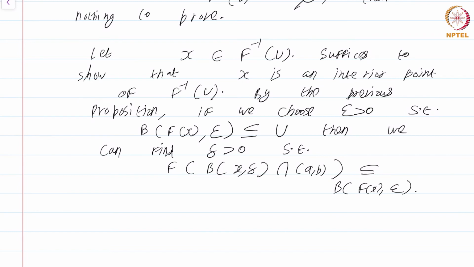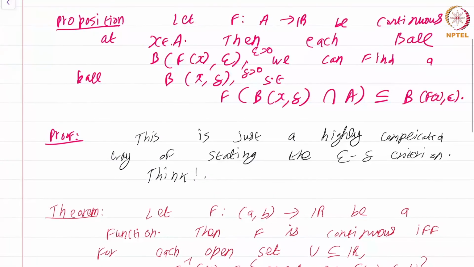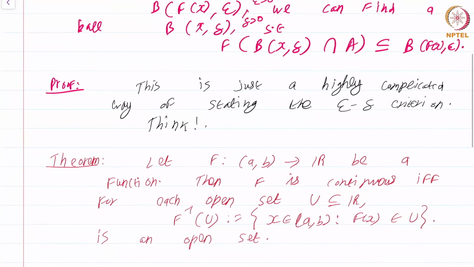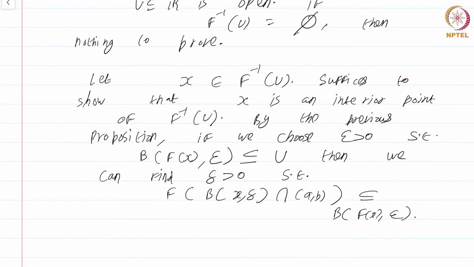Right? This is exactly what the previous proposition said. Note that this is contained in U. That's how we chose our epsilon. We chose our epsilon in such a manner that B(f(x), epsilon) is contained in U.